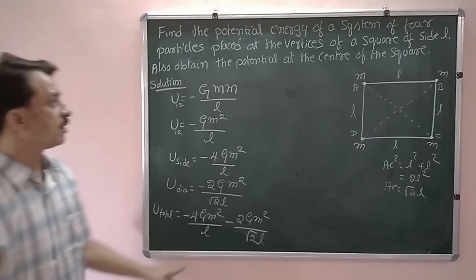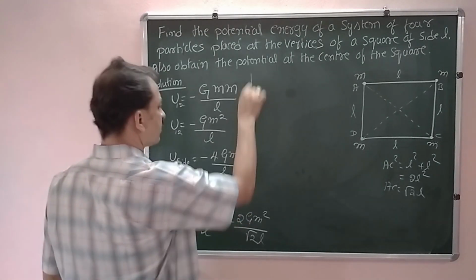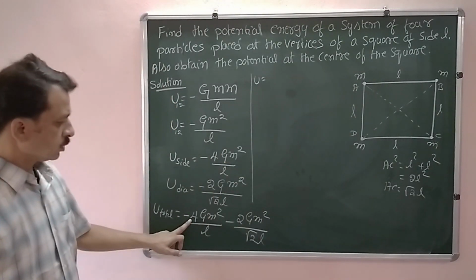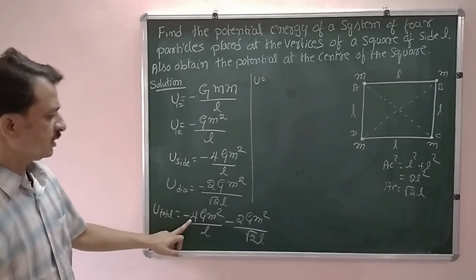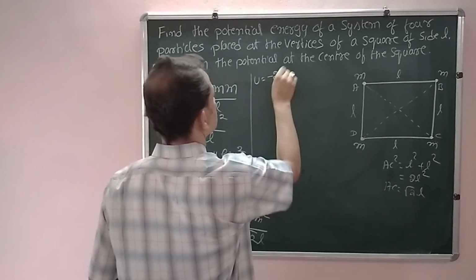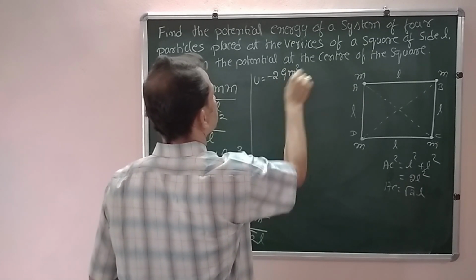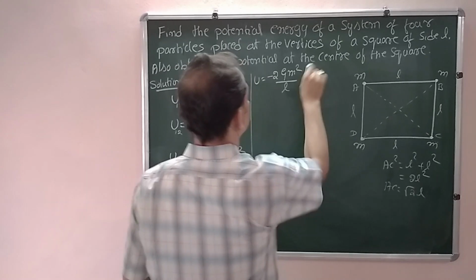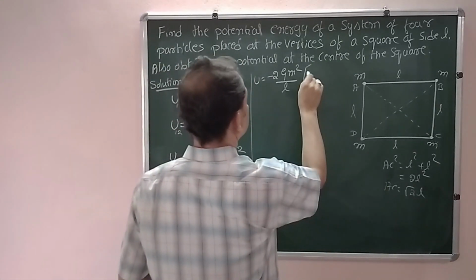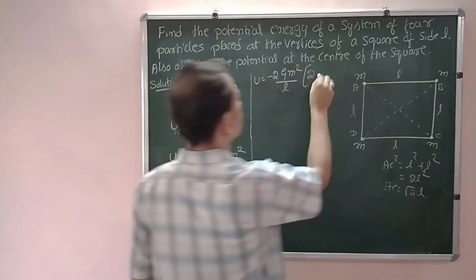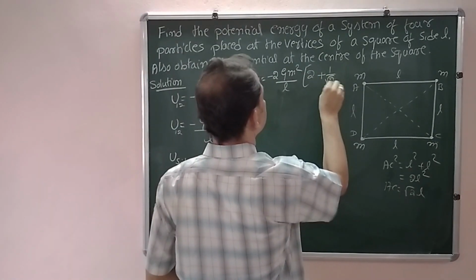If I take the common things outside, the total energy is equal to minus 2 G m square divided by L, times 2 plus 1 by root 2, since we have taken the minus sign outside.